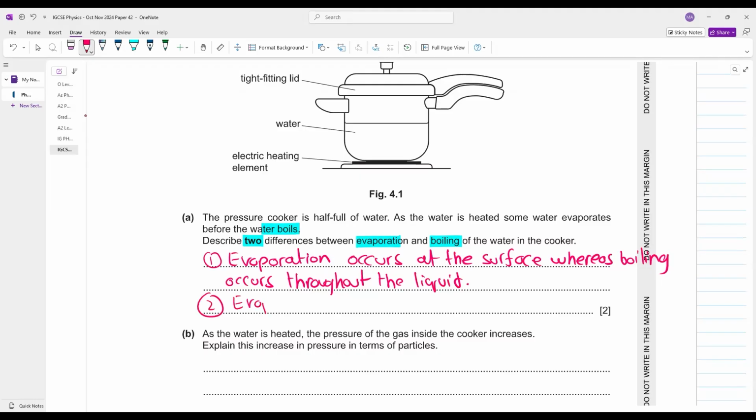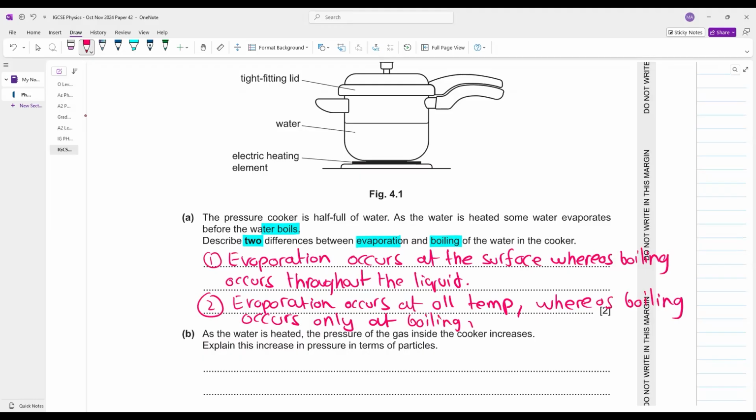Evaporation occurs at all temperatures, whereas boiling occurs only at boiling point. Simple.